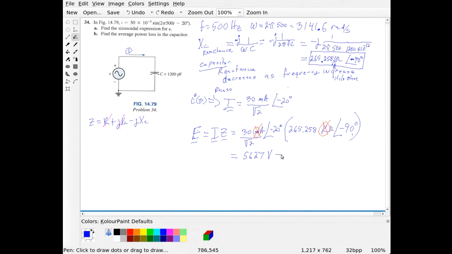So the angles now are going to be minus 20 plus a minus 90. Right, and so the angle is going to be minus 110 degrees.